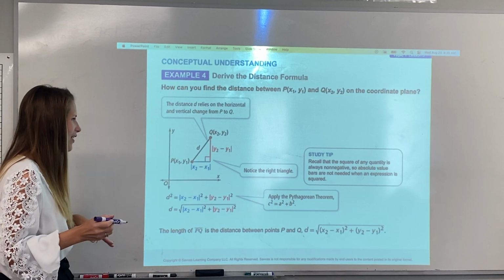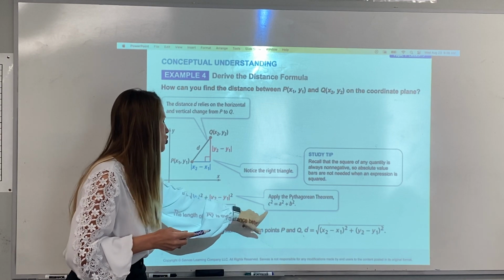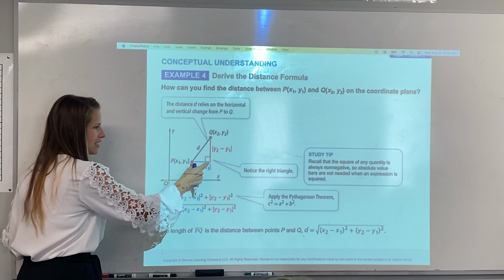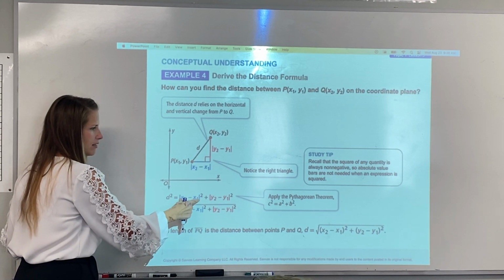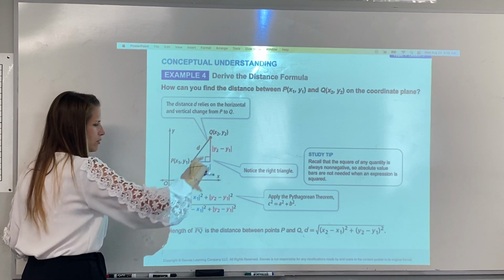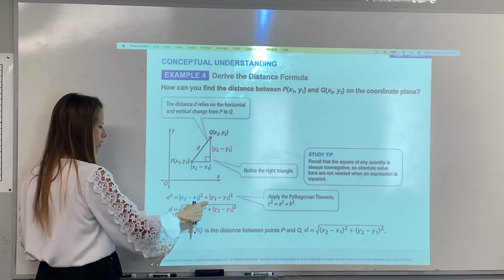Apply the Pythagorean theorem. So what we're really doing is taking the distance of this, we'll call that A, and the distance of this, we'll call that B, because A and B are our legs. We square those legs.